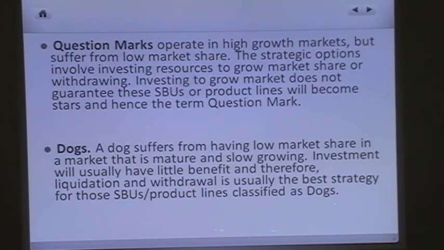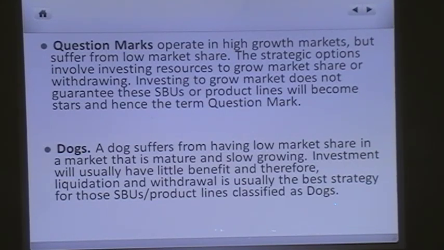In question marks, the company is not very sure whether the product is going to be successful in high growth markets, or the product has low market share and is unstable, but it is growing. The cash flow is negative, meaning the company is investing into this product but is not able to make profits out of that category.